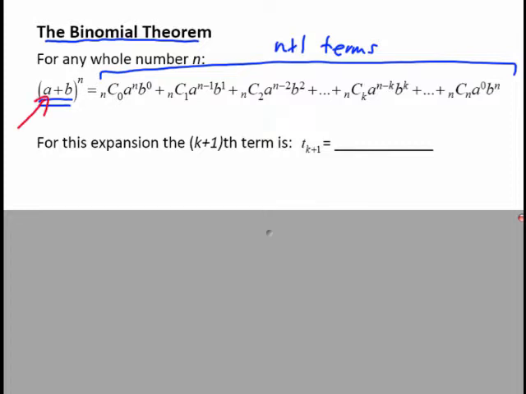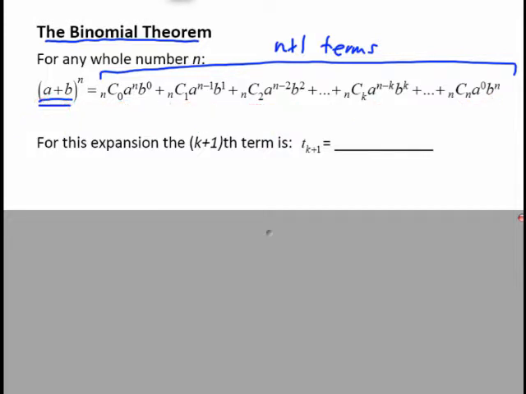First of all, the powers of a start in the first term with a to the n and drop as we go from term to term, a to the n minus 1, a to the n minus 2, down to a to the 0. The second thing is that our powers of b start with exponent of 0, b to the 0, and increase, b to the 1, b to the 2, b to the k, up to b to the n in the last term.